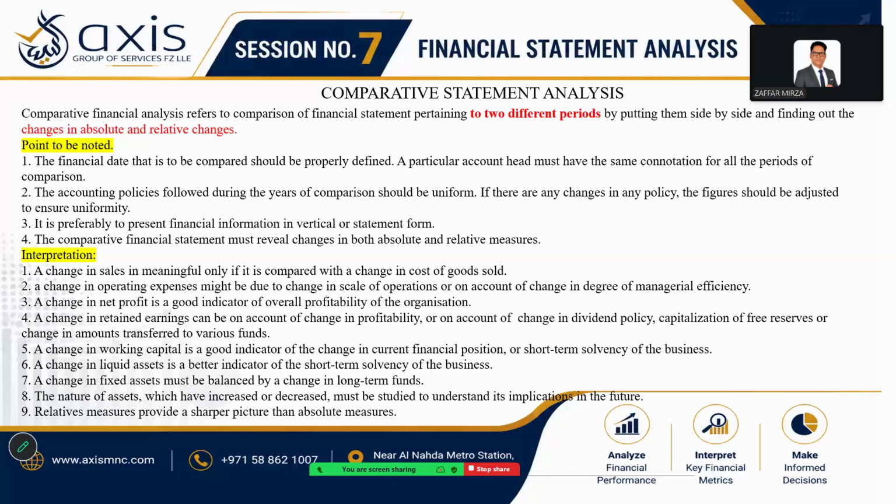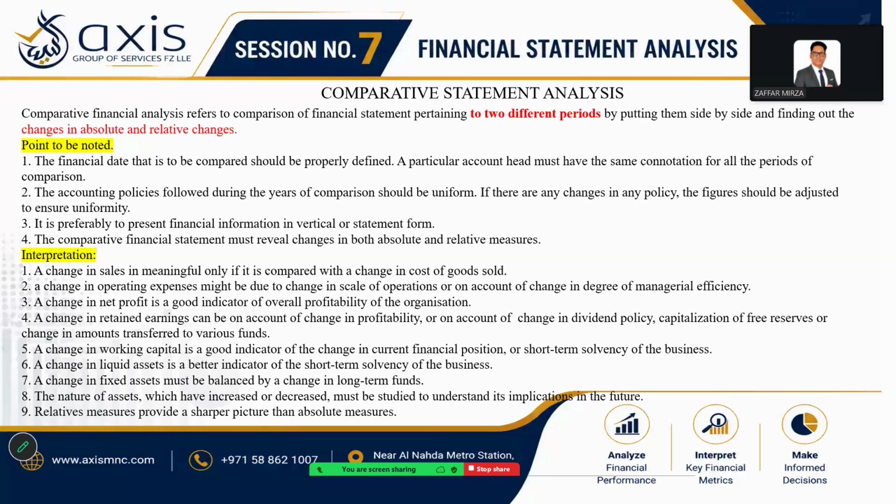Very important points are financial date, accounting policies, and preferably a vertical or statement form, and the comparative financial statement must reveal the changes in absolute and relative terms. Interpretation is very, very important. If you have not understood today, no problem.